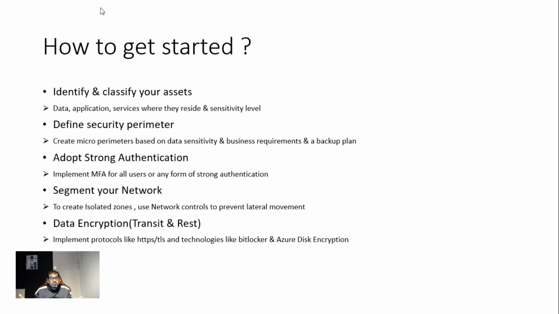There should be some business critical applications which don't need to pass through all these gates, so you should have some micro perimeters that can be added into exceptions or kept as a backup plan when you are doing this. For example, conditional access trusted locations, trusted IPs. Those things you can just add and keep as a backup plan.